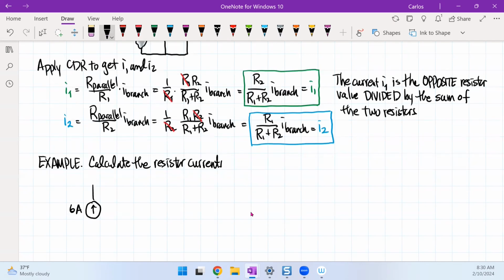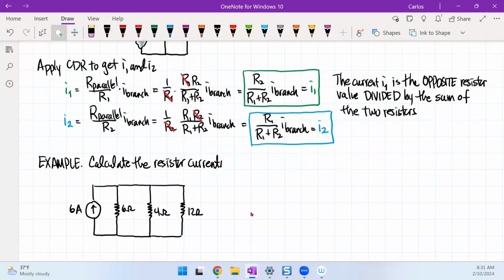And then I'm going to pick resistors that read: this guy is going to be a 6 ohm, this will be a 4 ohm, and then this one will be a 12 ohm. So you can see here is that I'm going to have 3 currents. I'm going to have the current I6, the current I4, and the current I12. So I want to calculate these.